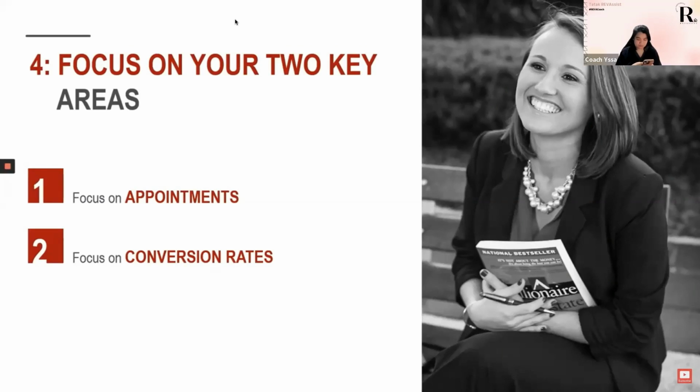How many live answers or contacts do you need in order to schedule an appointment? How many appointments do you need to schedule in order to actually go on those appointments? How many appointments will actually turn into a contract? And how many of those contracts actually result in a closed sale? All these conversion rates are numbers that you should track and know, and you should focus on constantly improving them.